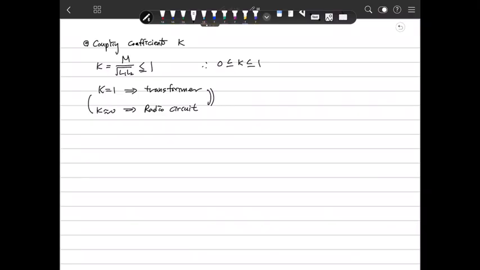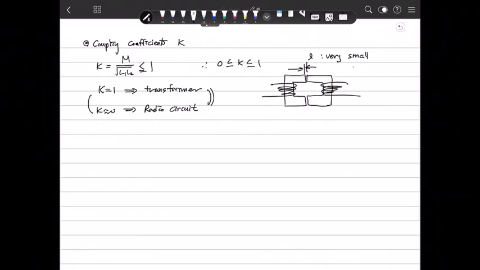Have you ever heard of wireless power transfer? Wireless power transfer is a kind of transformer with a very huge gap. The reason the coupling coefficient is high in a transformer is the core. This is the core, with the primary winding and secondary winding, and this distance is very small.